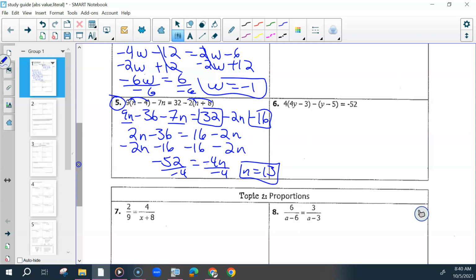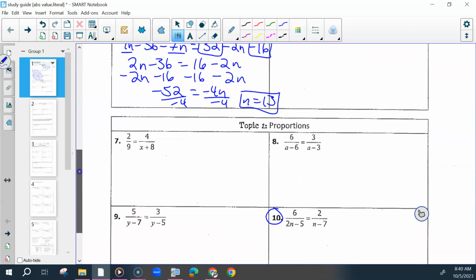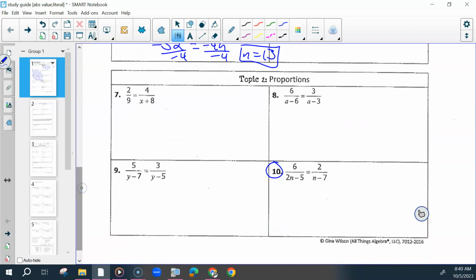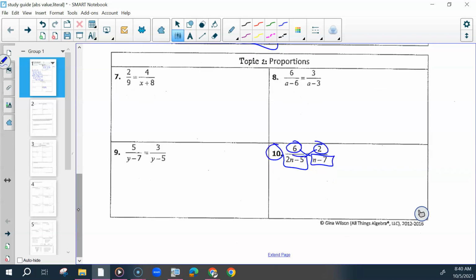For number 10 or any questions similar where you have a fraction that equals another fraction, what is our first step? So that means taking the numerator, multiplying it to the opposite denominator, and vice versa. You don't have to do this part, but you have to know that part.